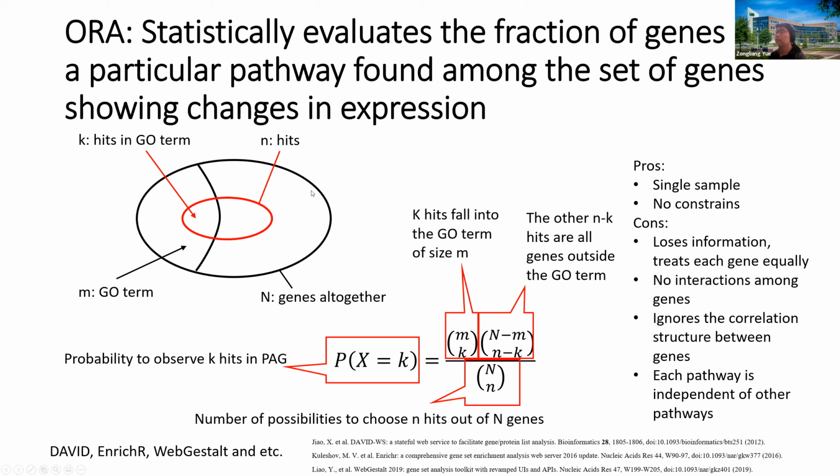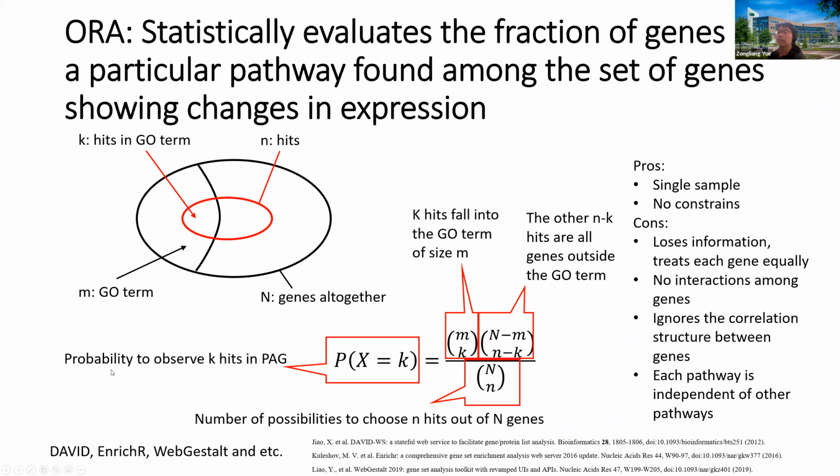Therefore, given these four numbers, we can infer the probability, such as the foreground probability that K hits fall into the gene ontology term of size M, and the background probability of choosing n hits out of the total number of genes in the whole background.